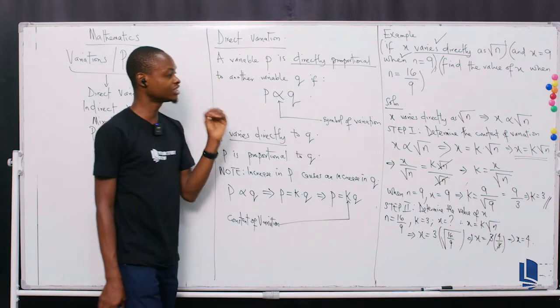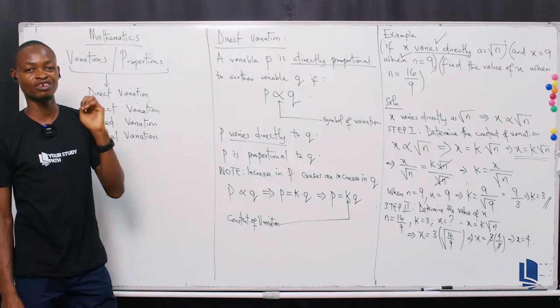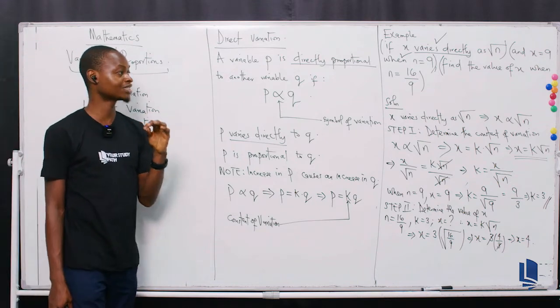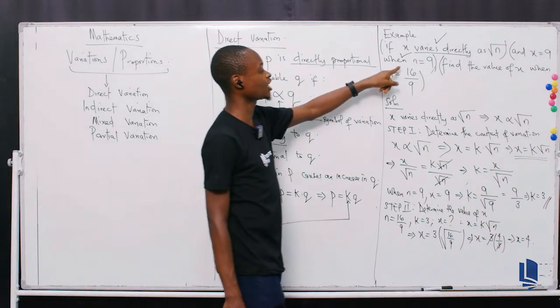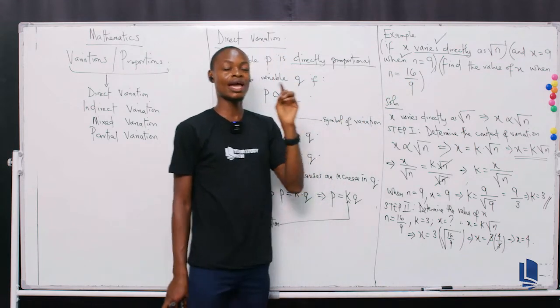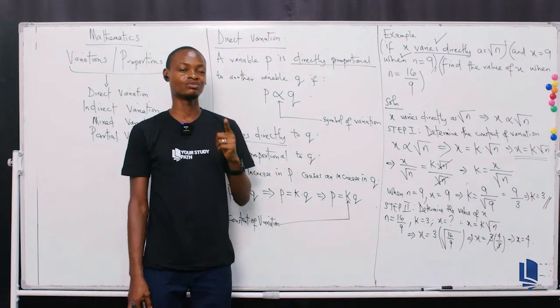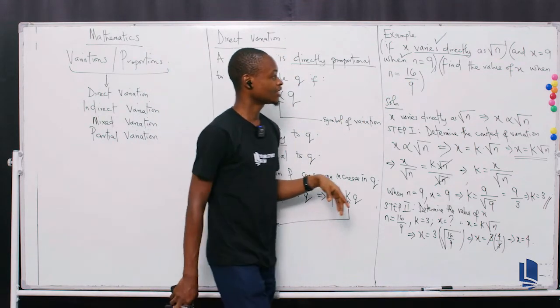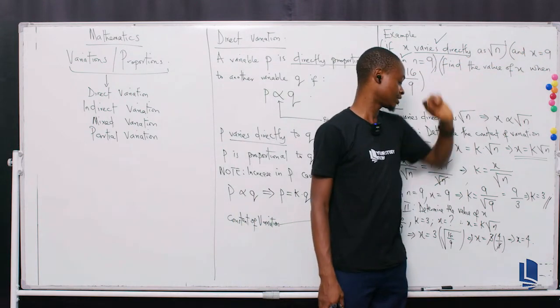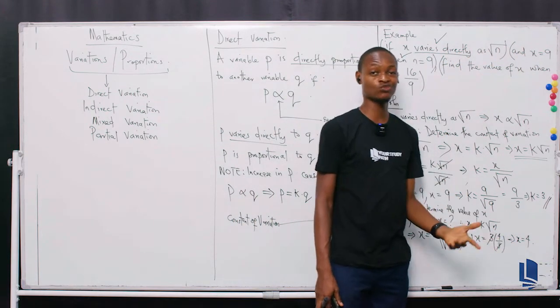Now, this aligns with the very first assumption we made, which is the fact that because n has experienced a decrease in value, x must also represent a decrease in value. Because if you compare, the original value of x is 9 and the new value of x is 4.